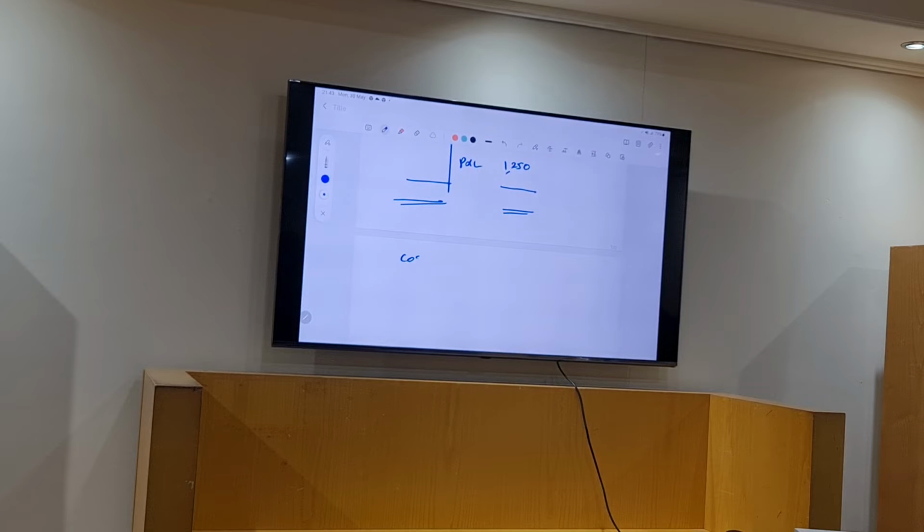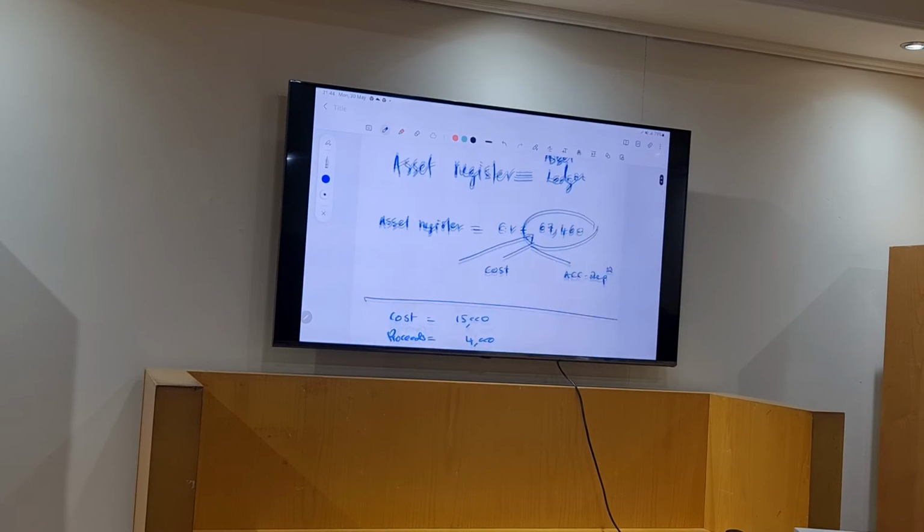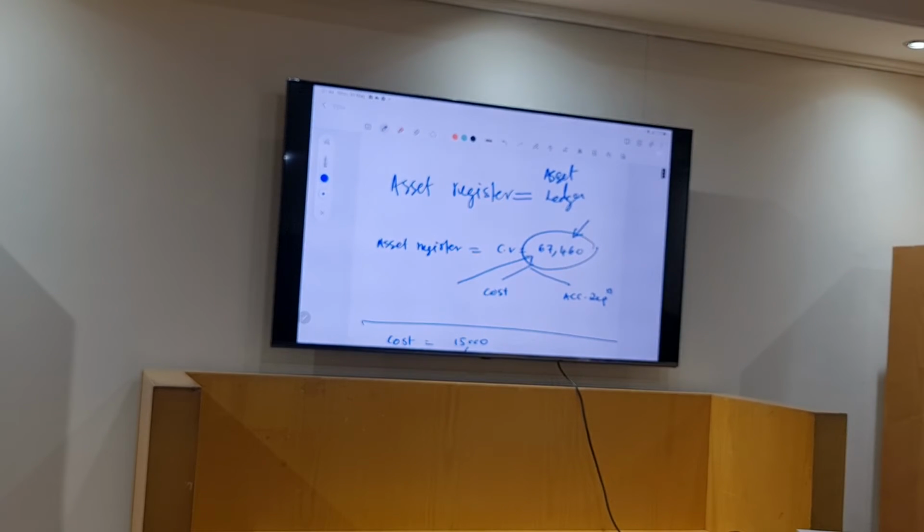The cost is 15,000, the accumulated depreciation is 9,750, so the carrying value is 5,250.